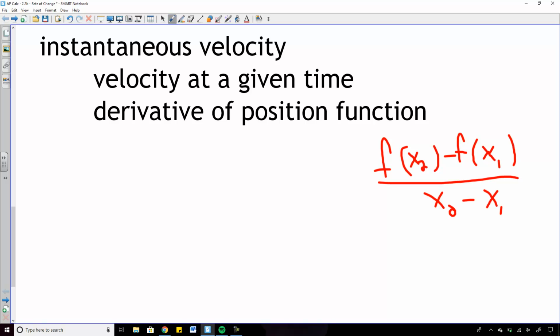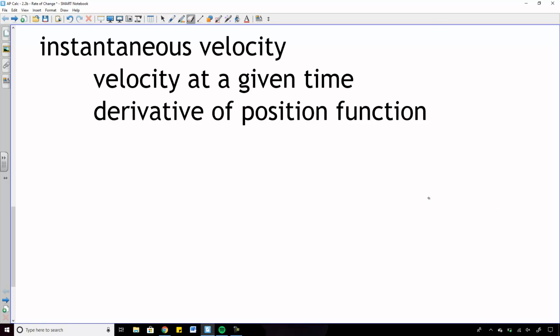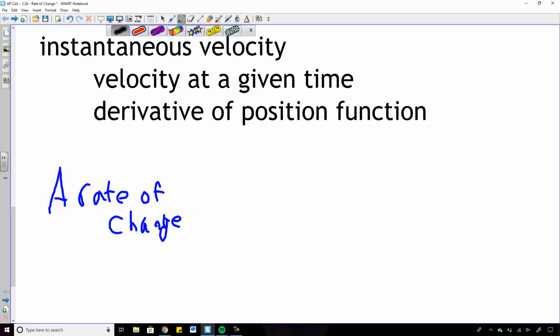Eventually, we're going to talk about another type of average. We're going to talk about the average value of a function later. So there's two things that can get confused, okay? We have average rate of change, which is what we're talking about right now. Sometimes people tend to confuse average rate of change with, guess what?